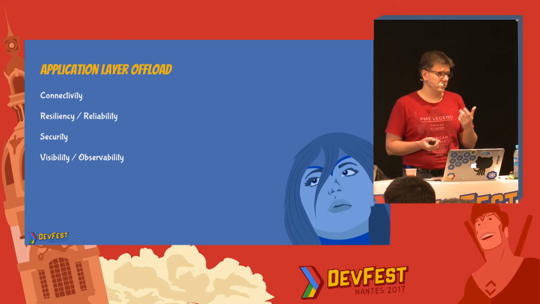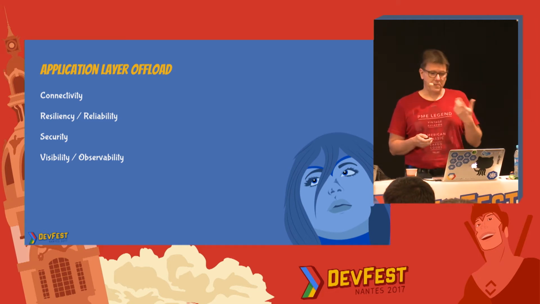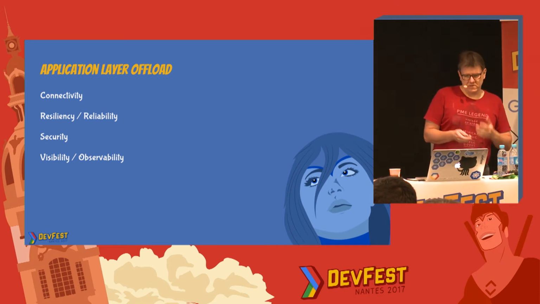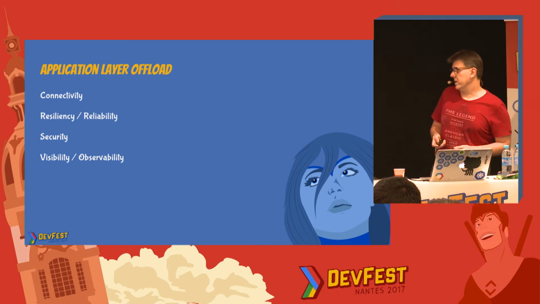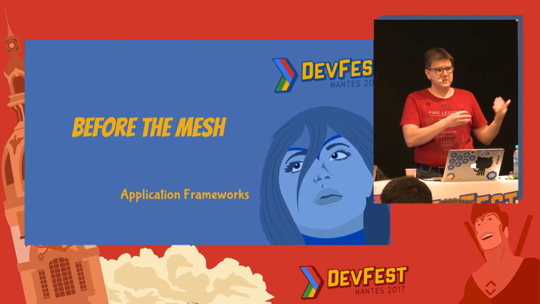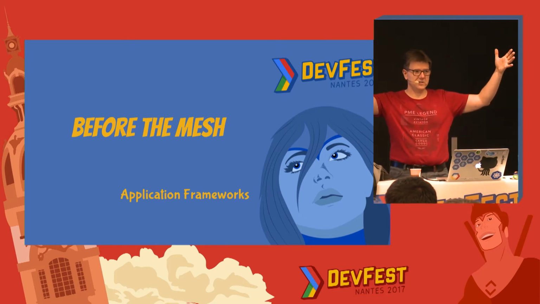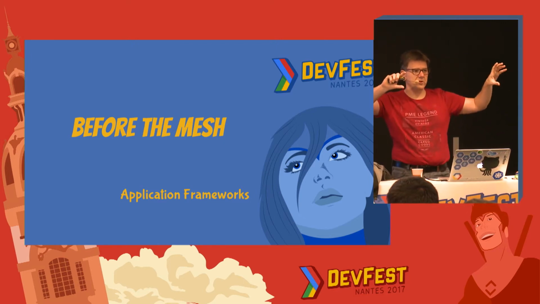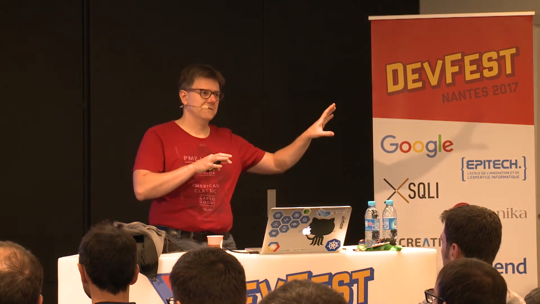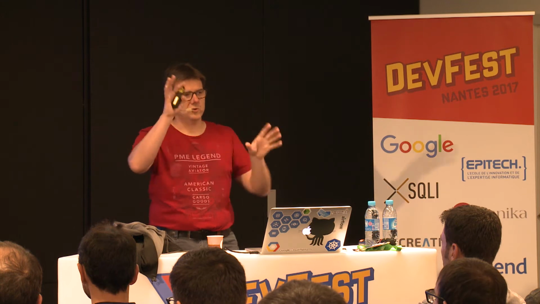You can also implement tracing into your application code, but if you can push that to the network layer as well, why not? So before the mesh, you had your application, border code, boundary code. You also had some tricks, because in the network you can say I'm whitelisting this machine to that machine just with IP on the firewalls.